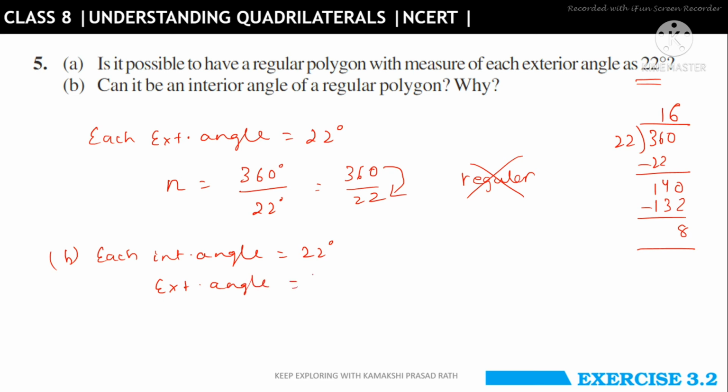You just have to subtract 180 minus 22, we get 158. Now see here, what will be n? n will be again 360 by 158. Now 360 and 158 are never divisible. So here also it is not possible. So it cannot be a regular polygon.